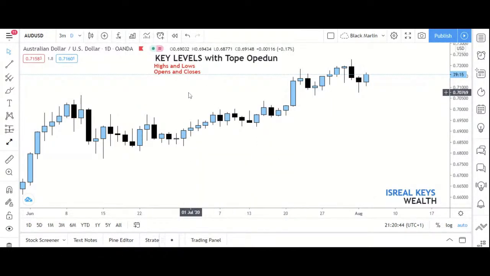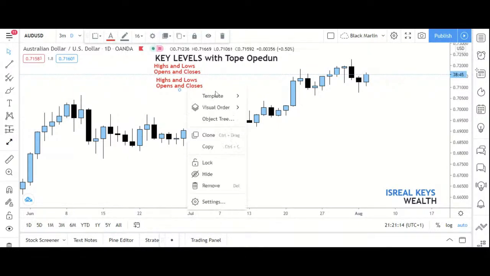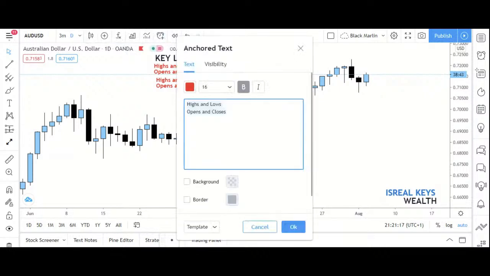Those are the levels that we're going to be focusing on: the highs and lows, opens and closes of candles. And when I'm talking about candles, I'll mainly be referring to our higher time frame candles, so anything from the daily, weekly, monthly.